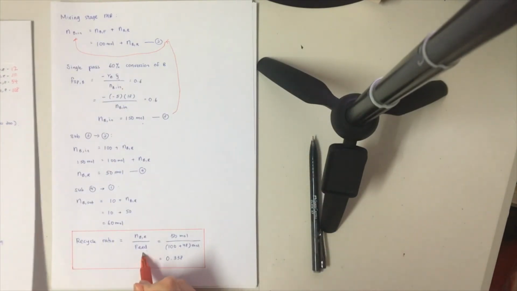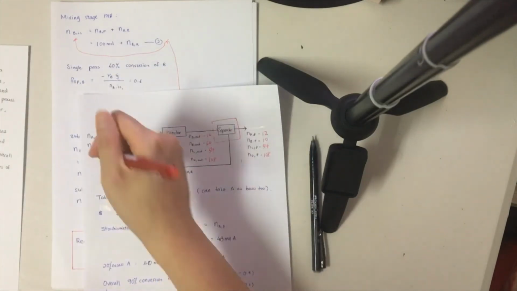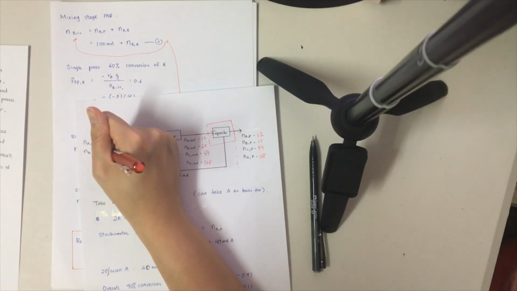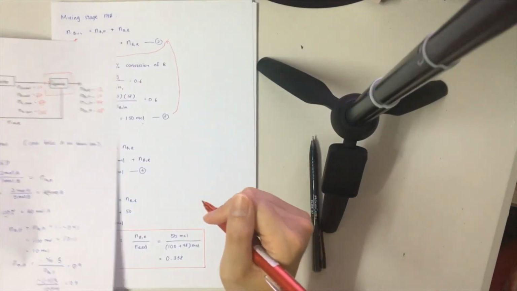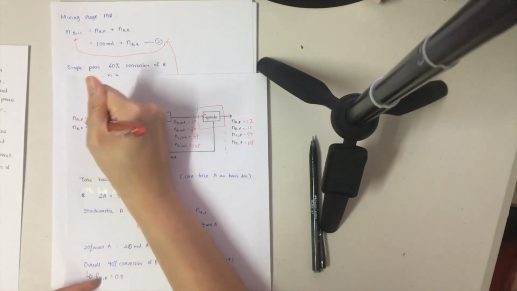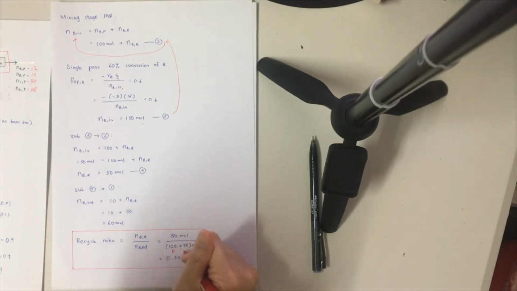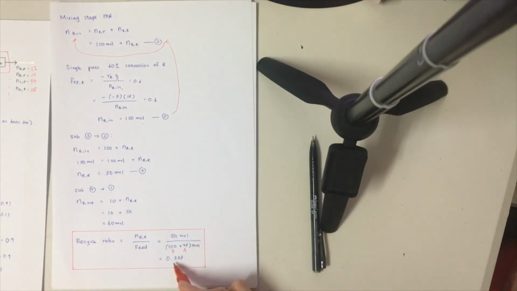Oh, sorry, in the feed, not in the reactor. So over here we have 48 and over here we have 100. Right, our basis. So NBR over the total of the feed, which is 100. This one is B plus A, and you get 0.338.